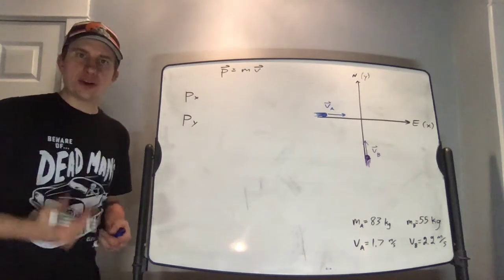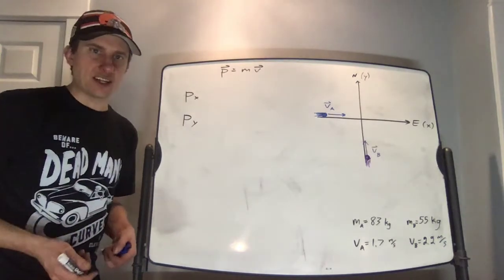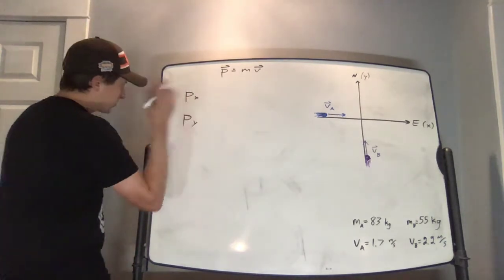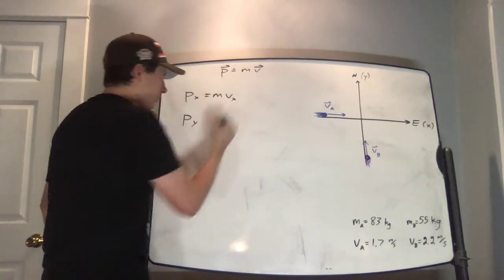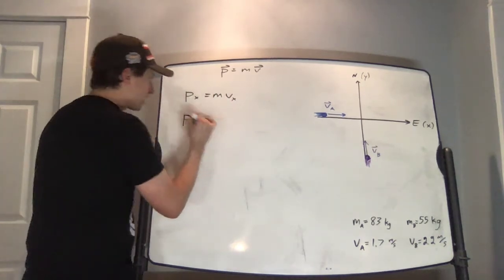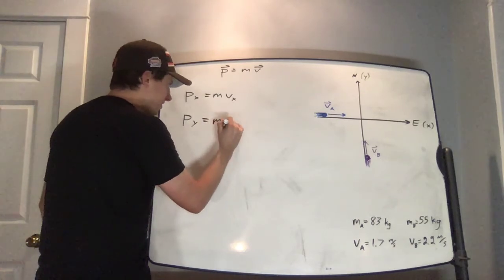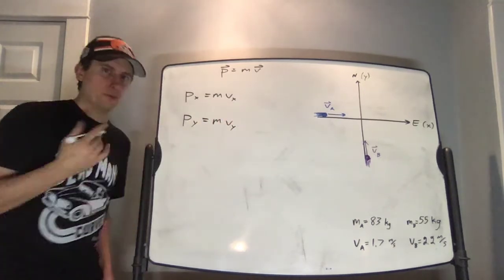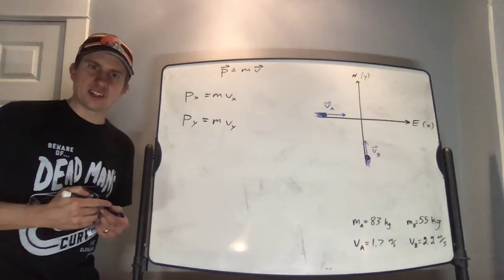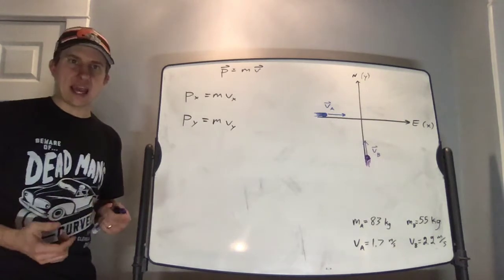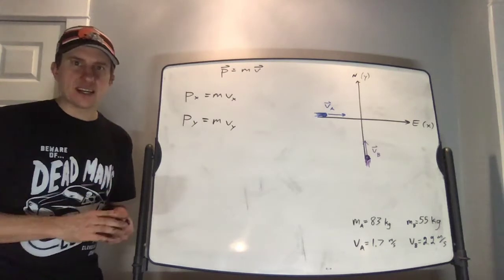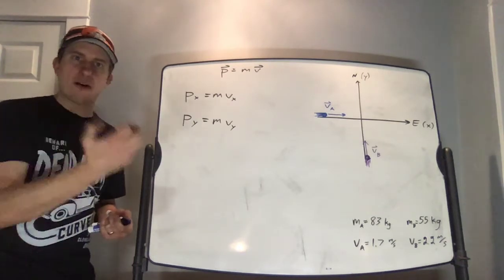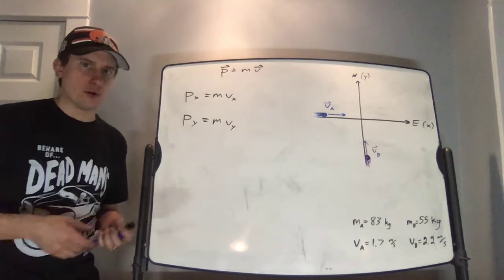If I write momentum equals mass times velocity, the x component of momentum will be mass multiplied by the x component of velocity, and the y component of momentum will be mass times the y component of velocity. Mass itself is a scalar quantity. Mass does not have x and y components, but velocity is a vector, and velocity will have an x component and a y component.